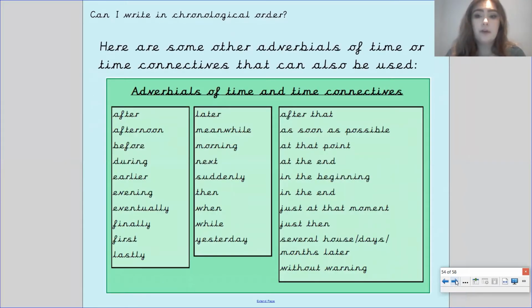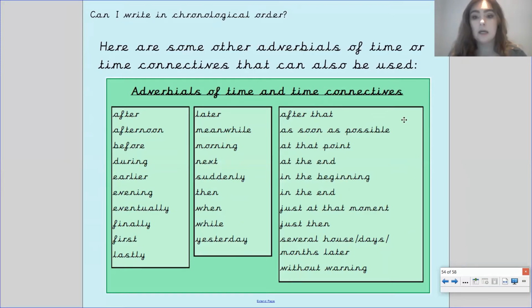So here are some other adverbials of time or time connectives that can also be used to help you know the chronological order of things that have happened. We've got after, afternoon, before, during, earlier, evening, eventually, finally, first, lastly, later, meanwhile, morning, next, suddenly, then, when, while, yesterday.